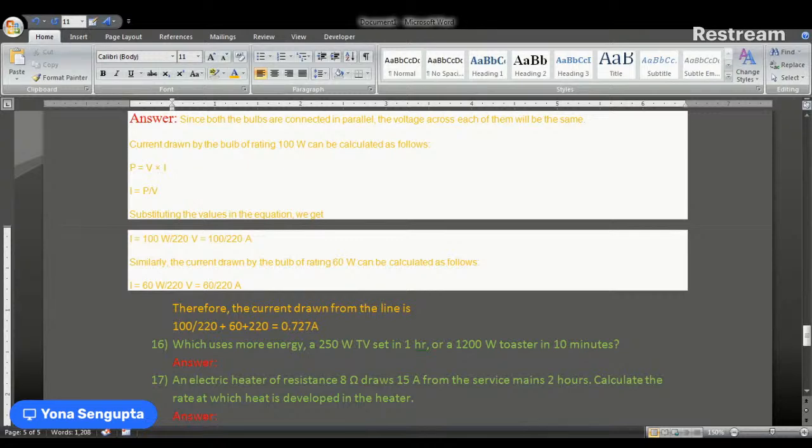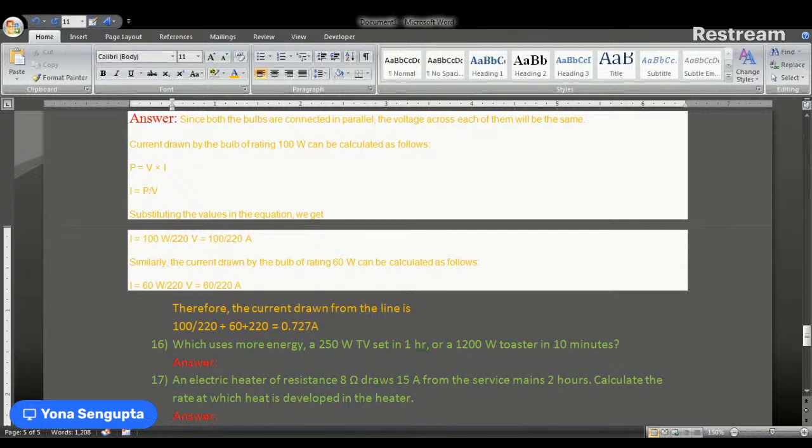Using this formula, the energy consumed by a TV of power rating 250 watt is H equals 250 watt into 3600 seconds, which gives us 9 into 10 to the power 5 joules.